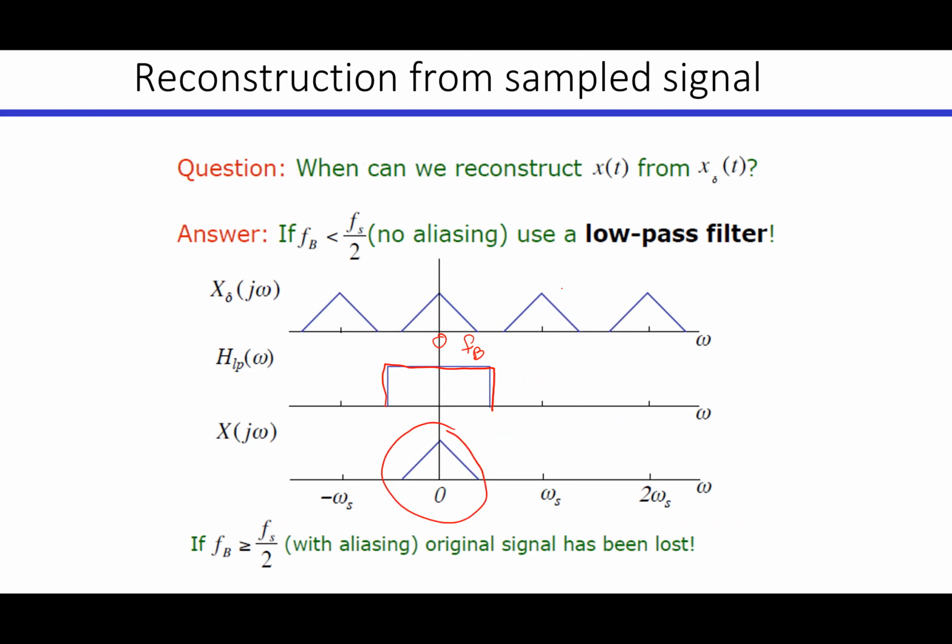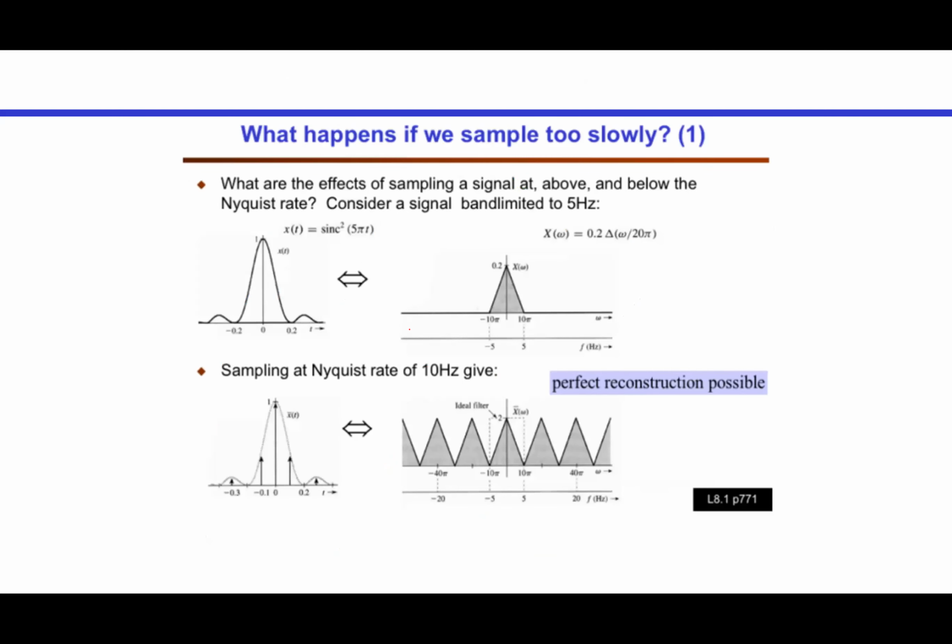I don't need any of those extra copies before the sampling process, because if I don't remove them, they will fold in on top of my original signal and I will not be able to reconstruct it correctly.